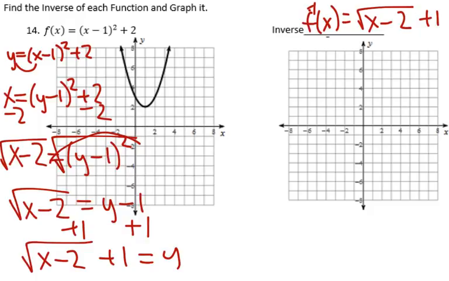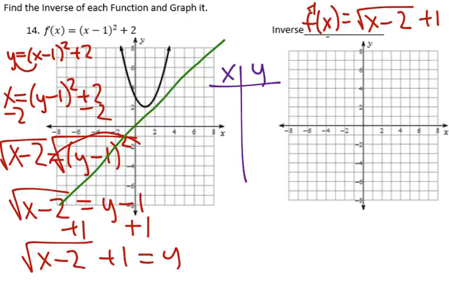So, how do we graph that? Well, we're essentially rotating over that y equals x. So if we find a couple of points, we could even make a table if that would be easier. So we've got a point here, here, here, and here. So we've got negative 1 for x with 6.